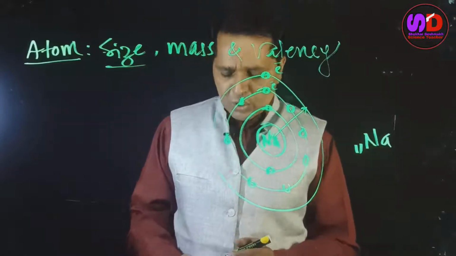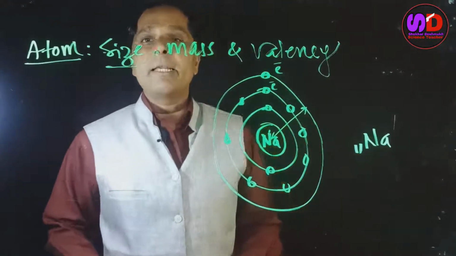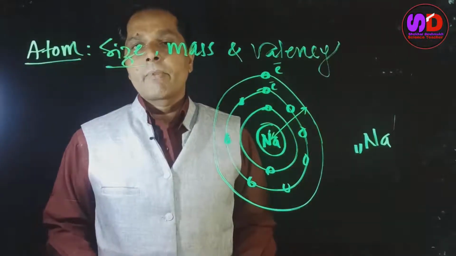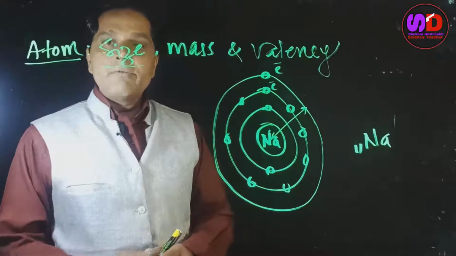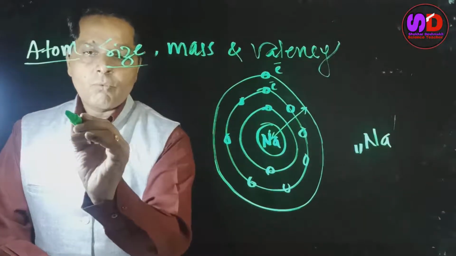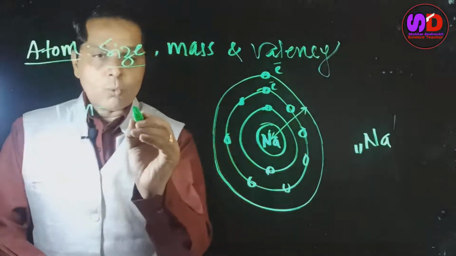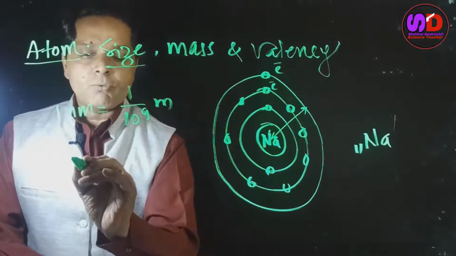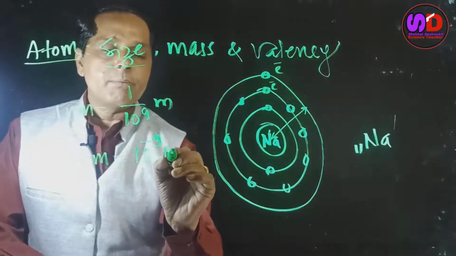So atomic size is determined with the help of atomic radius, which is nothing but the distance between the nucleus and the outermost orbit, and it is measured in a unit called the nanometer. 1 nanometer is equal to 1 upon 10 raised to 9 meter, that means 10 raised to minus 9 meter.